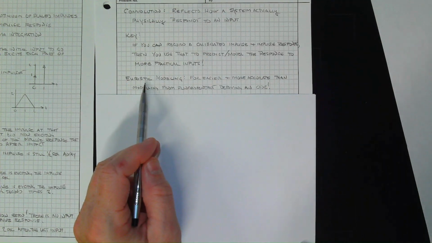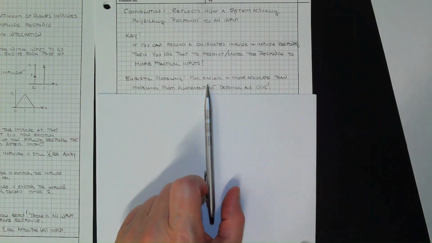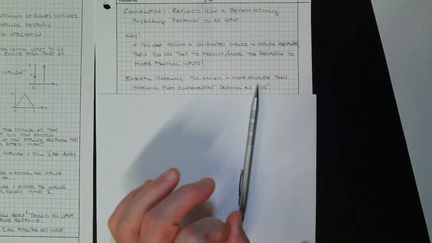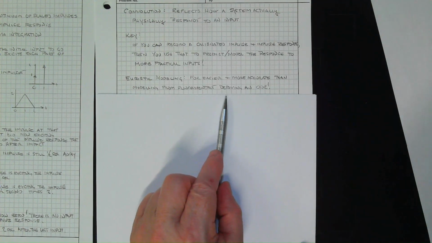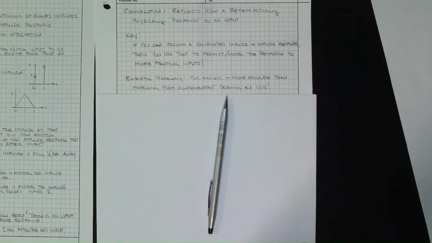This would be called heuristic modeling, where you're actually using the actual machine and looking at its responses to determine what its models are. This is far easier and, quite frankly, far more accurate in the real world for modeling, rather than going from fundamentals and trying to derive an ordinary differential equation.